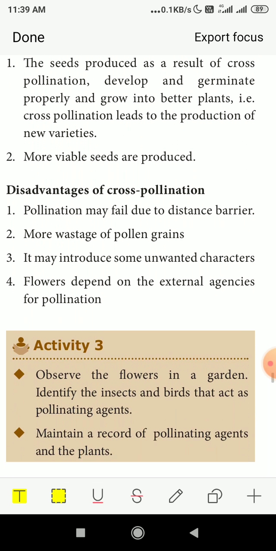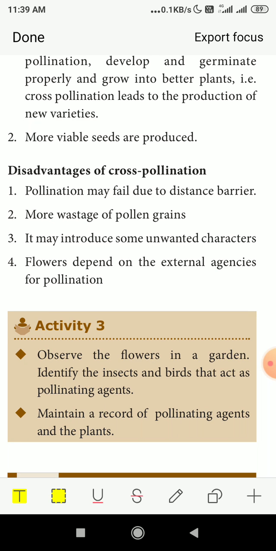Disadvantages of cross pollination: pollination may fail due to distance barrier. Sometimes, because of distance, the pollen grains cannot travel by wind. There is more wastage of pollen grains. It may introduce some unwanted characters.